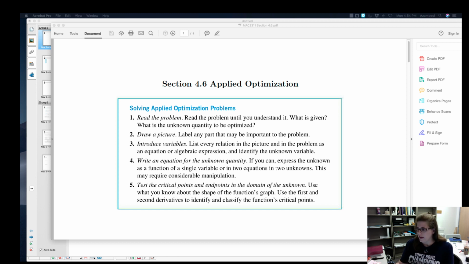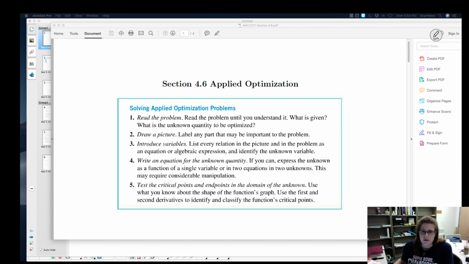On last Thursday, we started section 4.6, which is applied optimization, and I want to just recap what the steps are to applied optimization. I know we didn't work any problems yet, but we talked about the steps in class. So first step when doing an applied optimization problem is going to be just to read the problem.